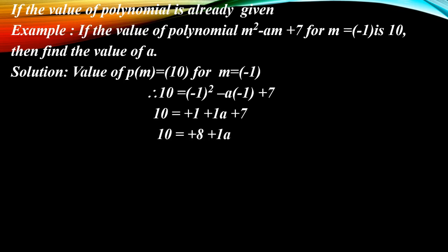Solving on the right side we get 1 + 7 as 8, + 1a = 10. Taking 8 to the left side, we get 10 − 8 = 1a, and therefore a = 2. The value of a is 2 in the given polynomial for m = −1.